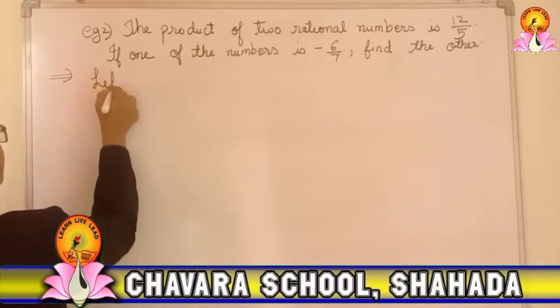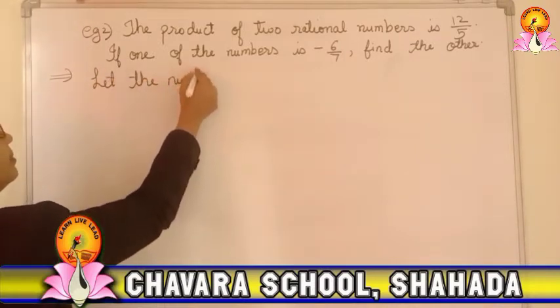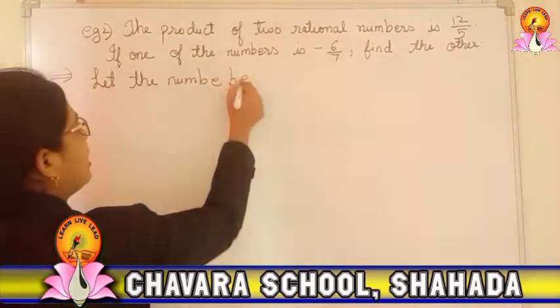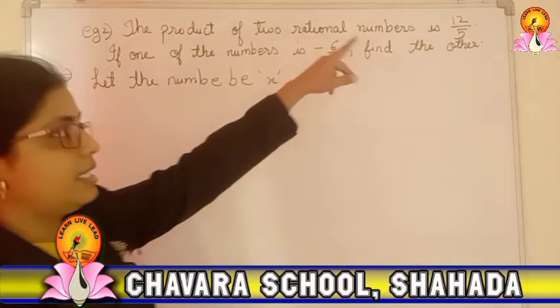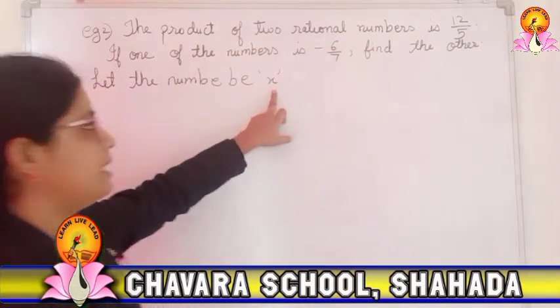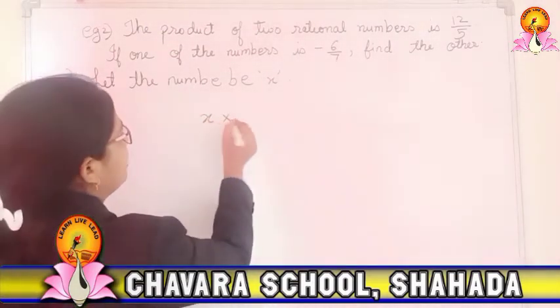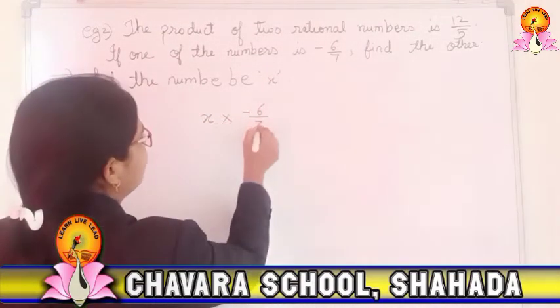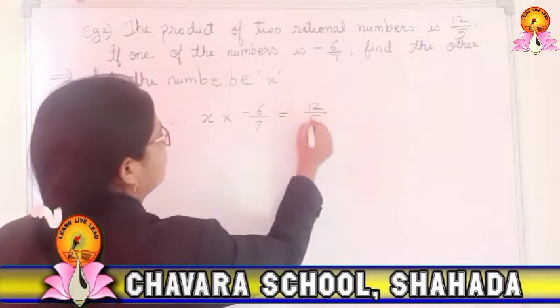Let the number be x. What they told is the product of two rational numbers, one is this and one is this. So the product x multiplied by negative 6 upon 7 equals 12 upon 5.